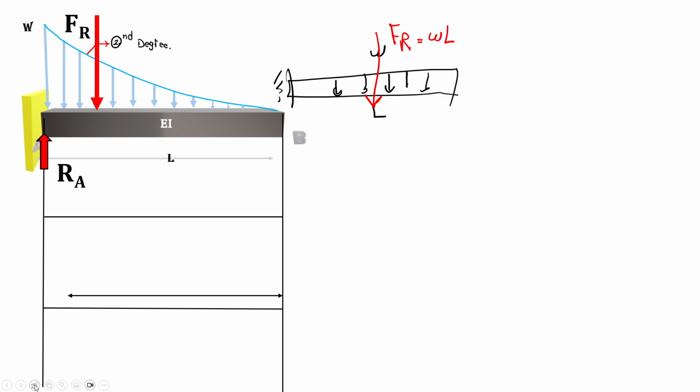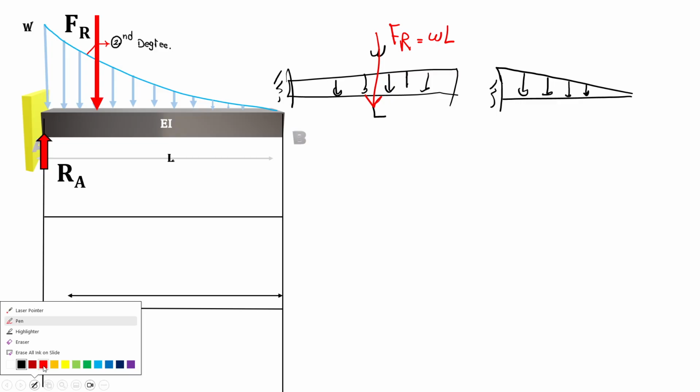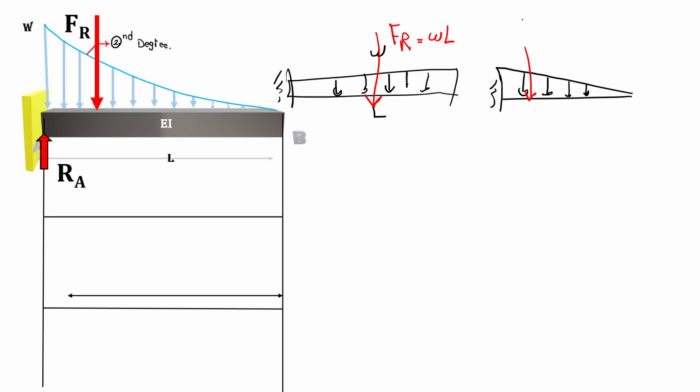If we have the same beam, but this time with a triangular loading, we do know that our resultant force this time is Fr equal to a half of WL because our area just goes half.